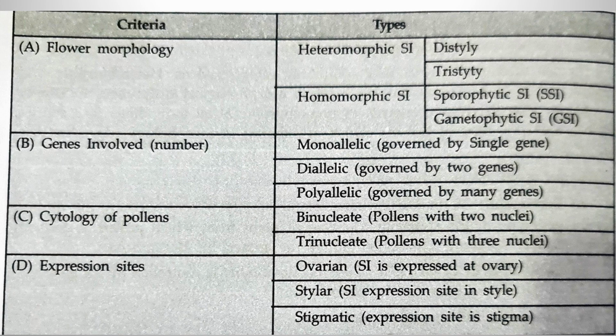So, binucleate pollen grains and trinucleate pollen grains behave differently. Then the expression site, whether that site is the ovary, or the style which is present just below the stigma, or the stigma itself. So, there are certain factors of this genetic incompatibility because of which self sterility takes place.